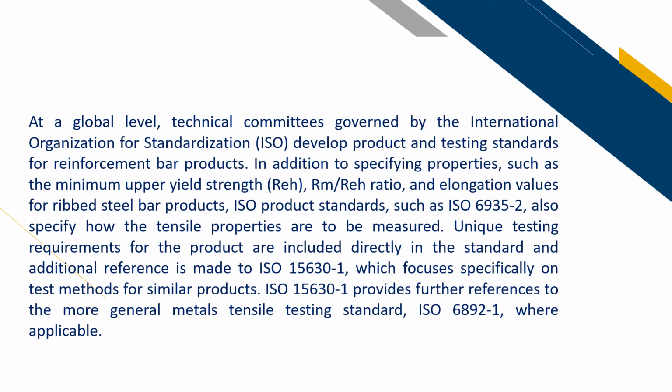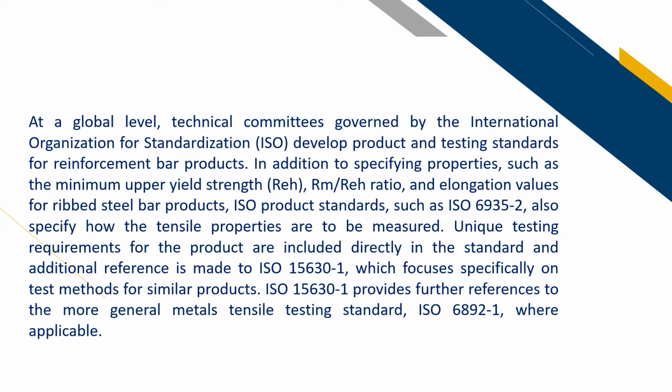At a global level, technical committees governed by the International Organization for Standardization or ISO develop product and testing standards for reinforcement bar products. In addition to specifying properties such as the minimum upper yield strength and elongation values for ribbed steel products, ISO product standards such as ISO 6935-2 also specify how the tensile properties are to be measured.